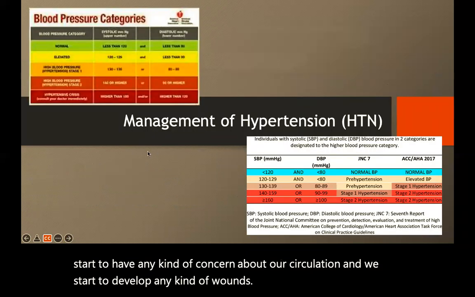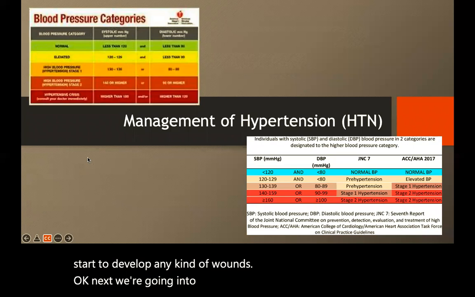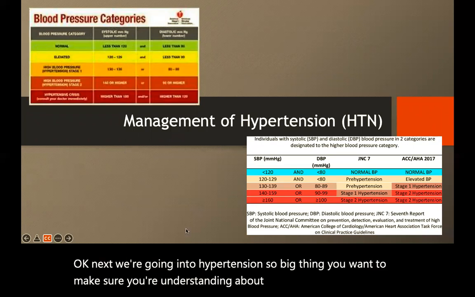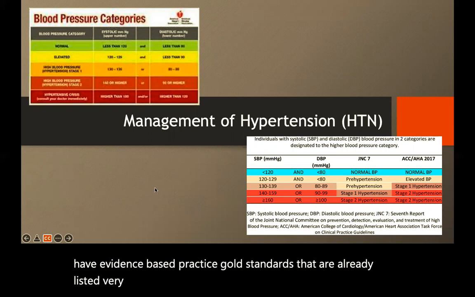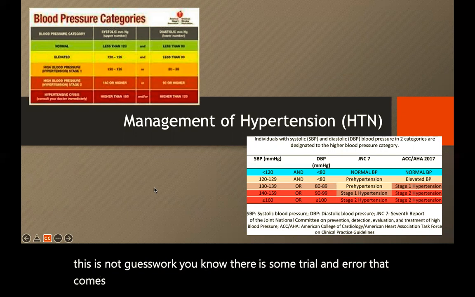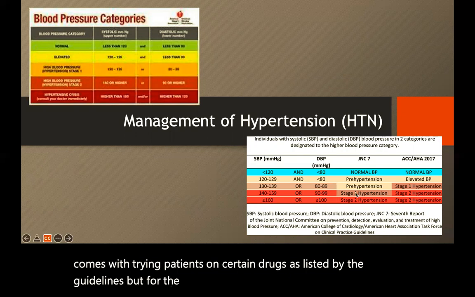Okay, next we're going into hypertension. The big thing you want to make sure you understand about hypertension and COPD is that they have evidence-based practice gold standards that are already listed very clearly, with guides for you to know and follow. This is not guesswork. There is some trial and error that comes with trying patients on certain drugs as listed by the guidelines, but for the most part, you follow the guidelines.